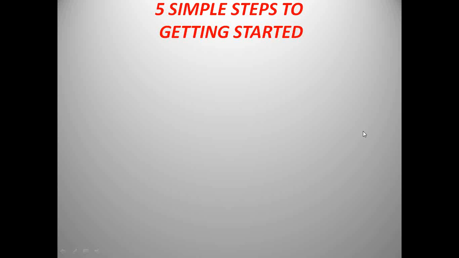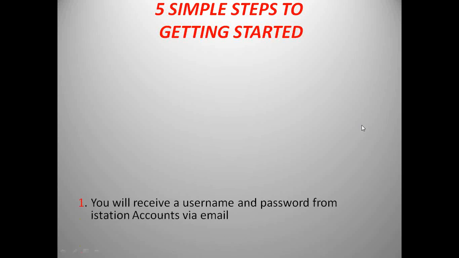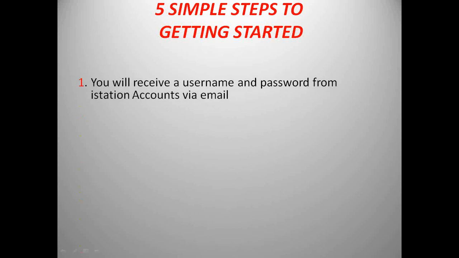So the 5 simple steps to getting started are basically, step 1, you have to receive a username and a password from iStation accounts. So if that portion does not happen yet, you're going to want to check with your school administrator or your technology contact at the campus and find out if they have already sent iStation the list of names of teachers and administrators who will need access to the iStation program.